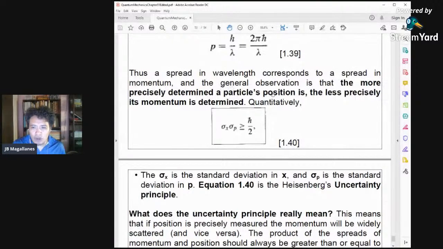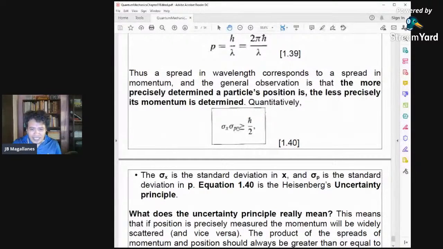And the general observation is that the more precisely determined a particle's position is, the less precisely its momentum is determined. That's the uncertainty principle. So if you want to determine the position precisely, you have to pay the price by getting an imprecise momentum.